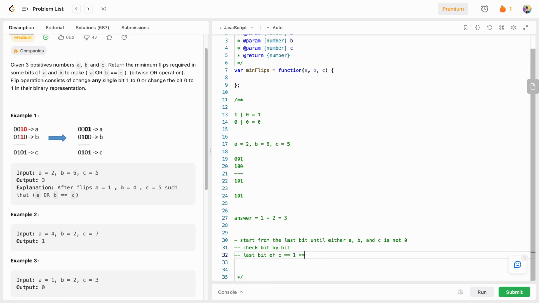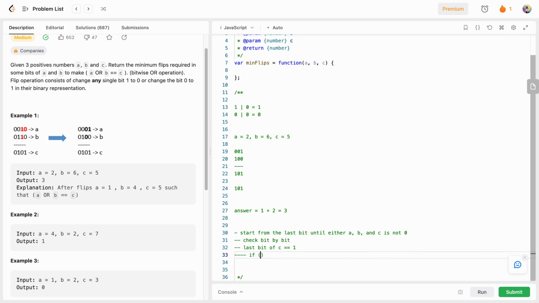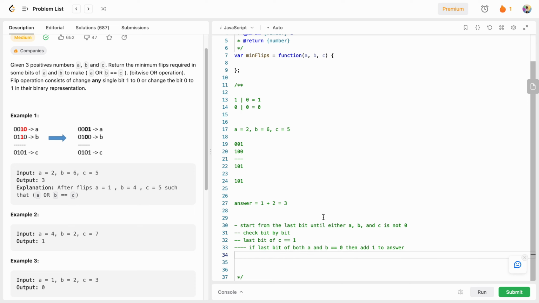So here we will be checking: if the last bit of both A and B is equal to 0, then add 1 to the answer. If both of them are 0 only, then we add 1, because only one of them should be equal to 1.